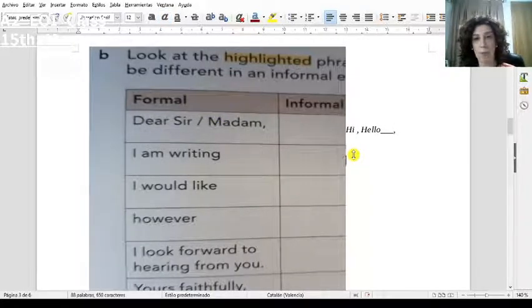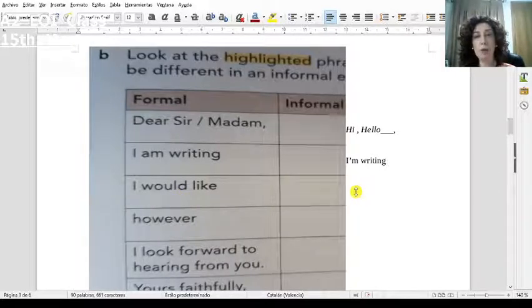Well, I am writing. No contraction. It's very formal. How did we write informal letters or informal emails? With a contraction. I'm writing.